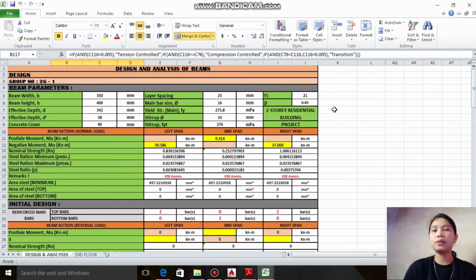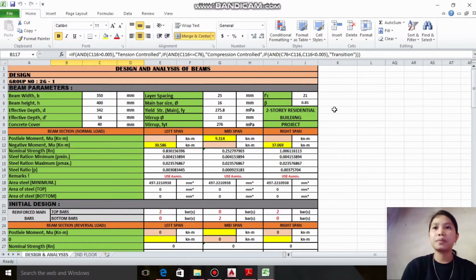The cover concrete is 40mm. The layer spacing 25mm. Main bar size 16mm. Yield strength main or FY is 275 MPa or grade 40. Stirrup diameter is 10mm.